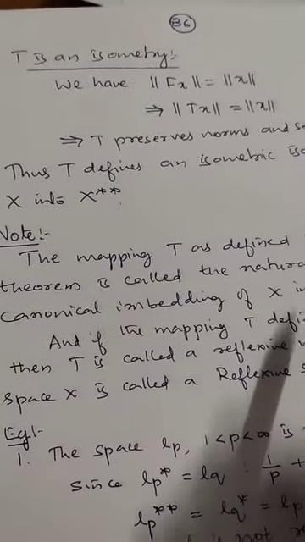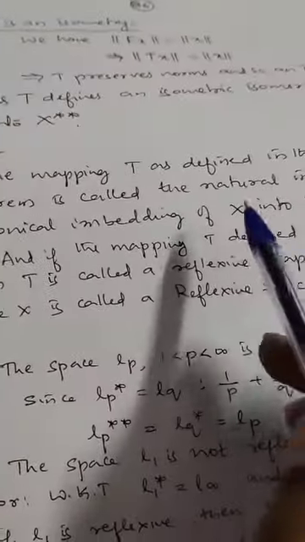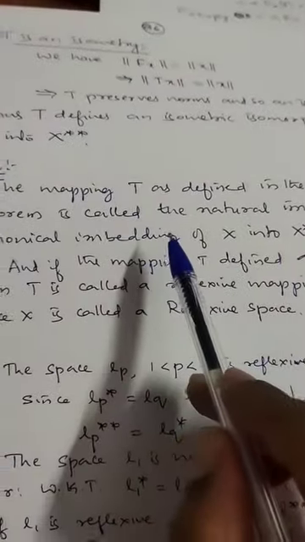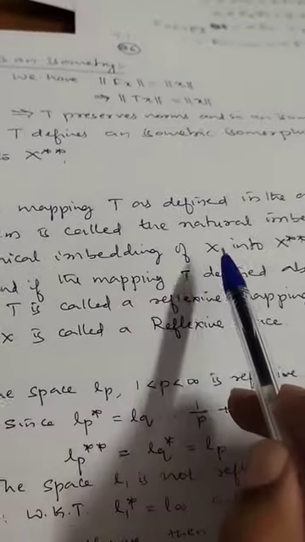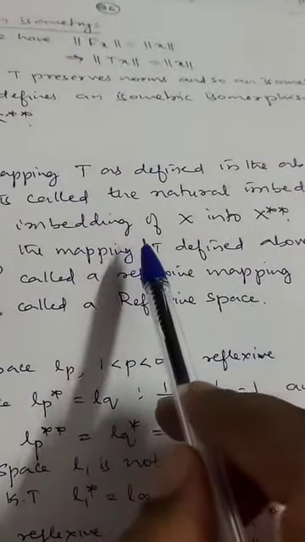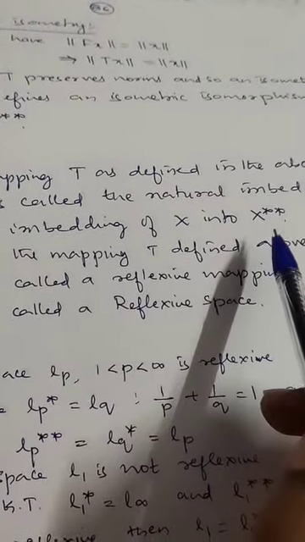Now note the following things. The mapping T defined in the above theorem, T from X to X double star, is called the natural embedding or canonical embedding of X into X double star.